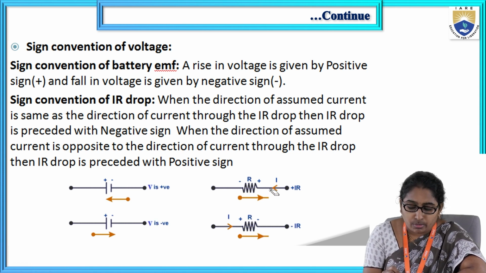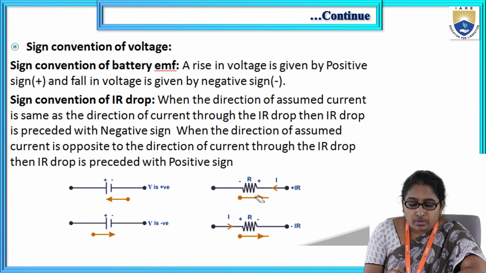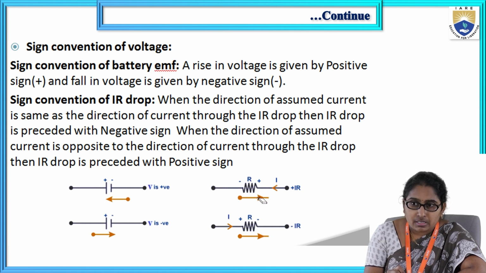Next, IR drop. See here, across this resistance, the voltage drop directions are mentioned. This is plus, this is minus. Now, to write down the IR drop sign, if the assumed current direction is the same as the IR drop, then that is negative, and vice versa.